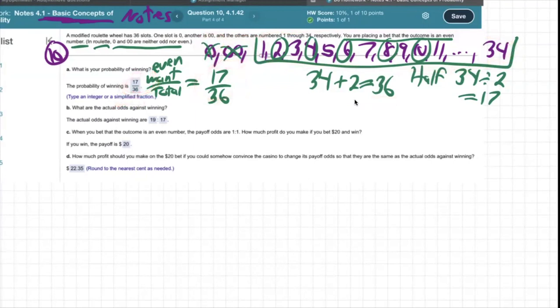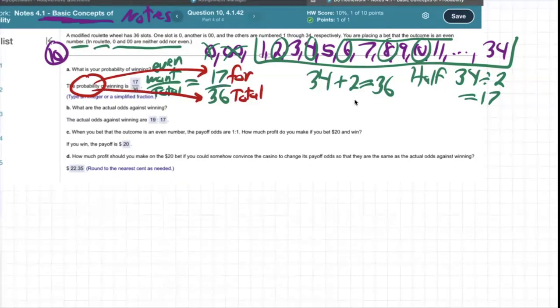The next question, what are the actual odds against winning? Okay, so how do you do odds? Remember, probability is what you want, or you could say 4, over total. That's probability. Odds are similar.